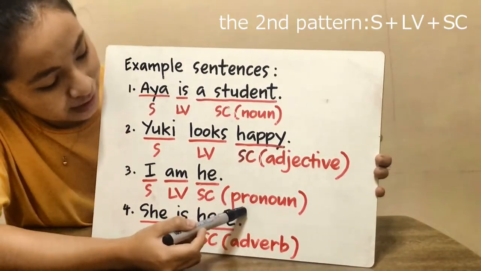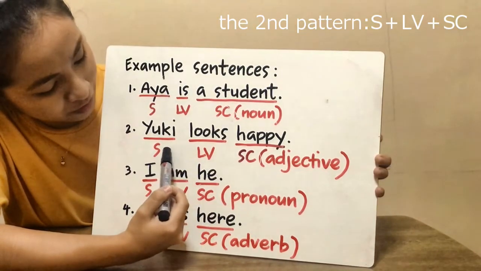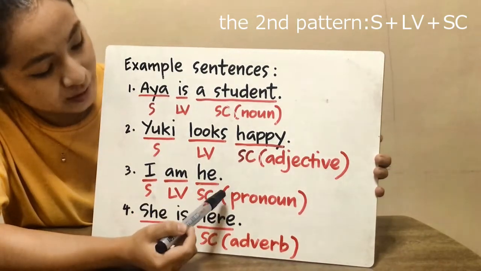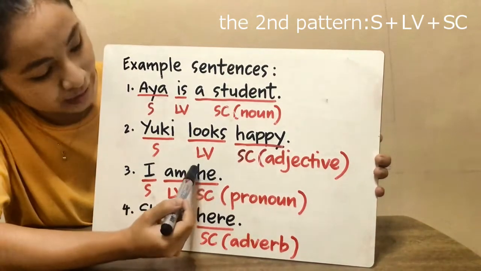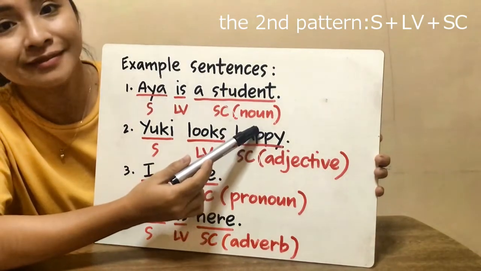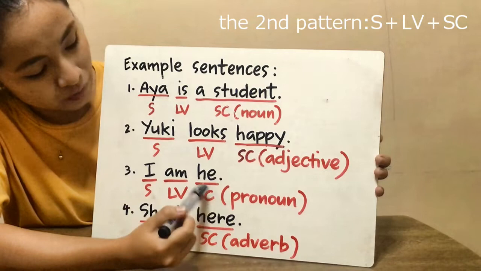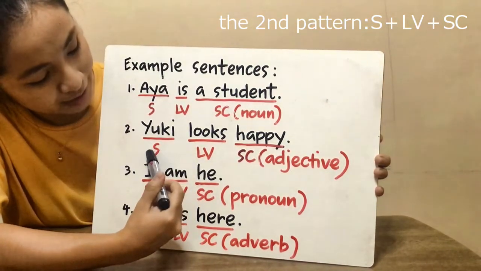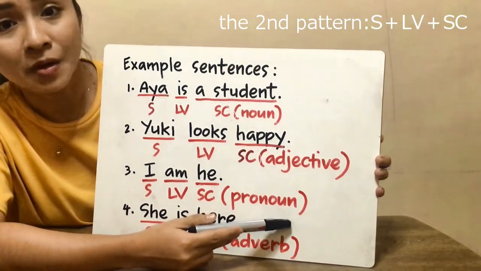So in this case, SC identifies your subject I. So when something also identifies something or someone, it is a pronoun, just like the noun. Again, your SC, which is he, identifies your subject I, so your SC acts as a pronoun.